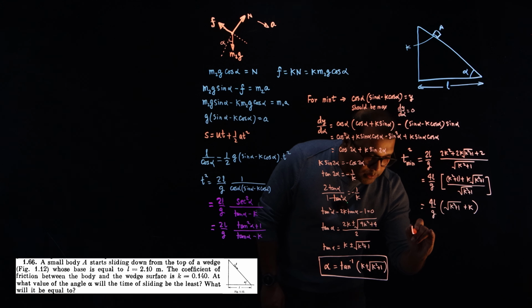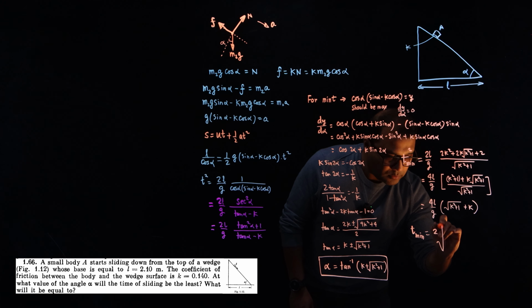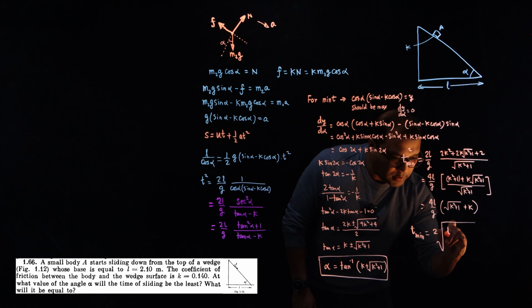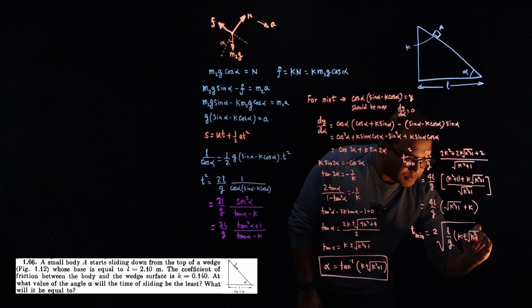Or finally, the minimum value of time is 2 root over L by g times k plus root k square plus 1.